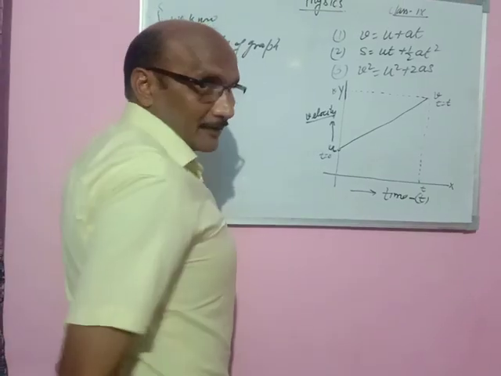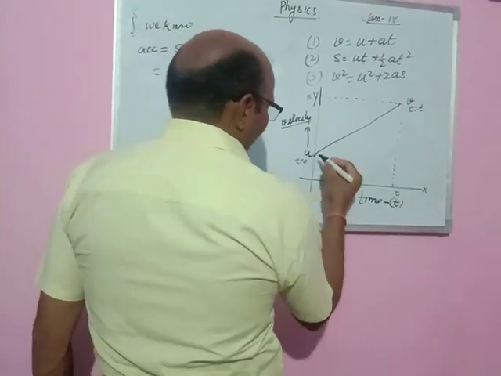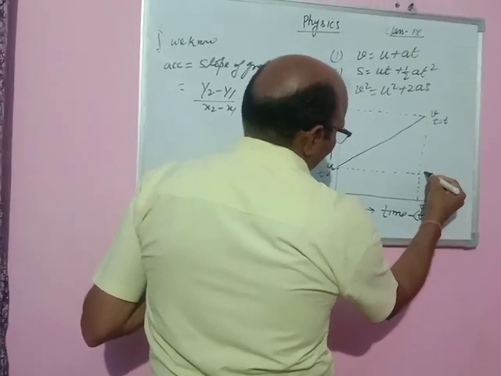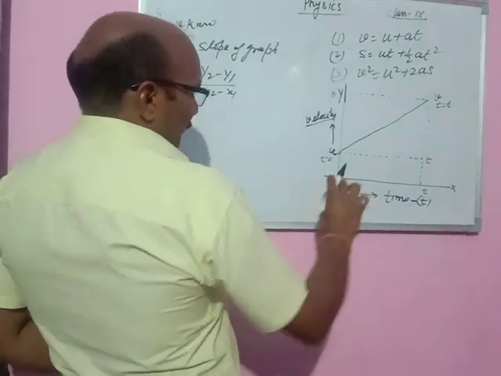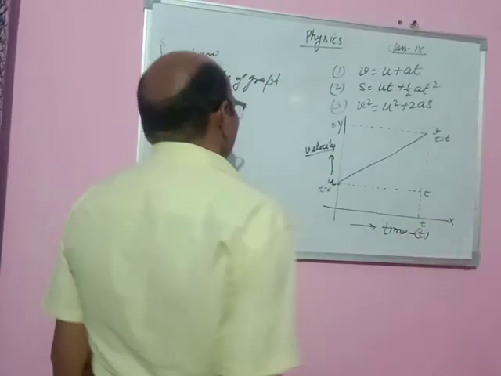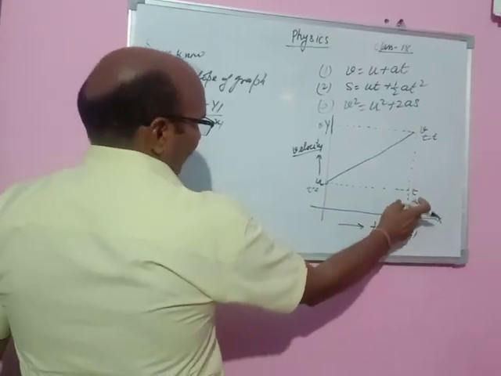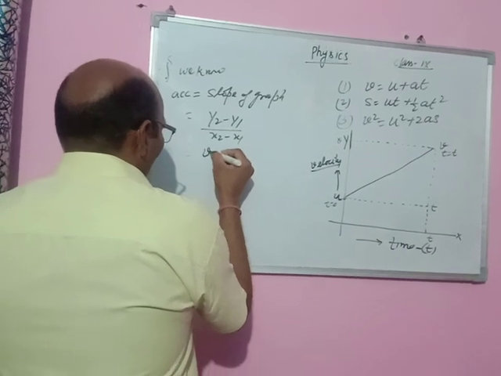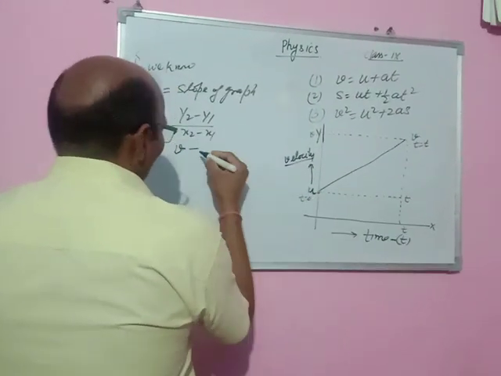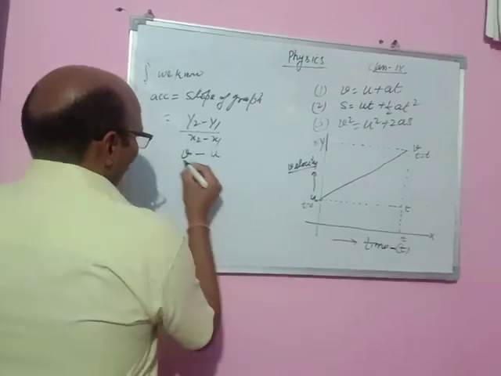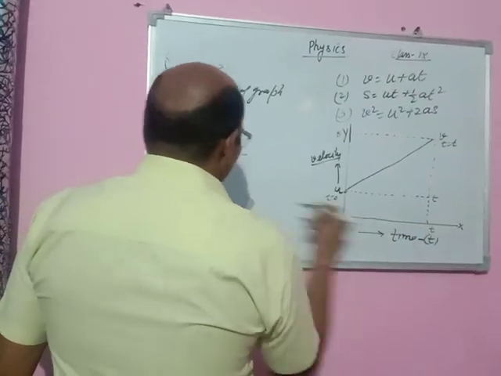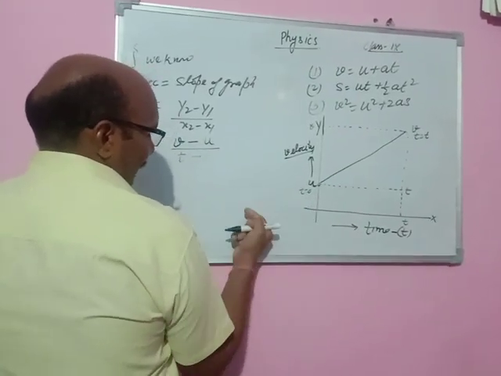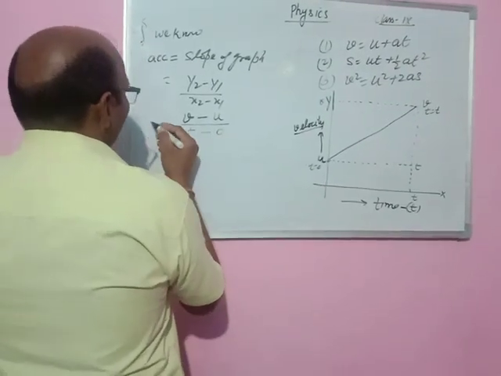On the x-axis there is time, t equal to 0 and t equal to t. y2 is v at time t, y1 is u, x2 is t and x1 is 0, and this equals a.